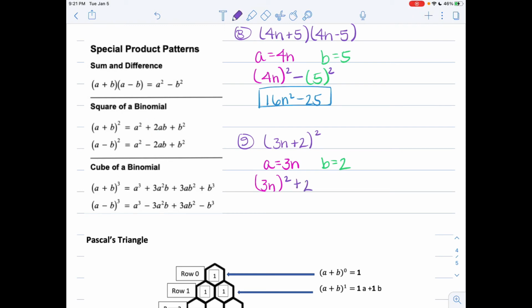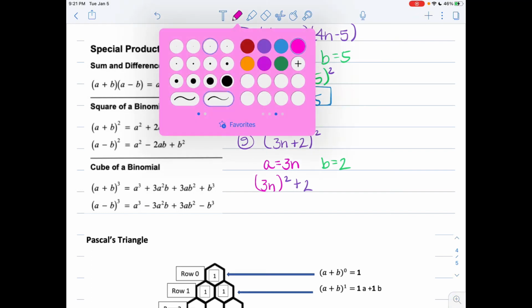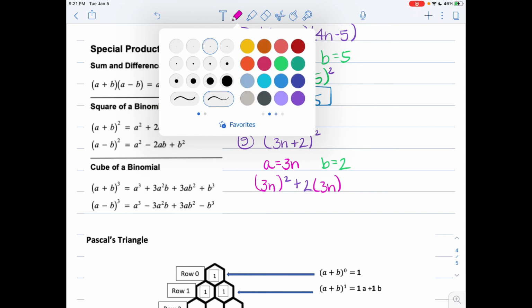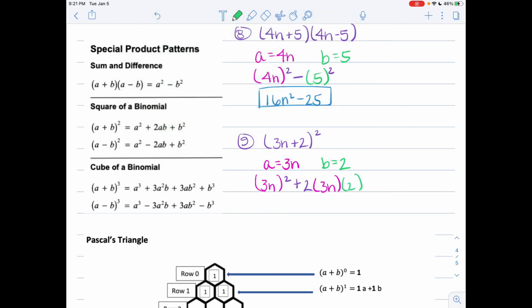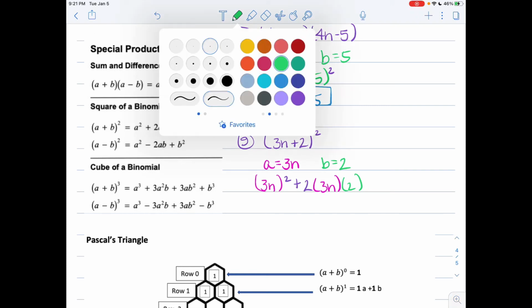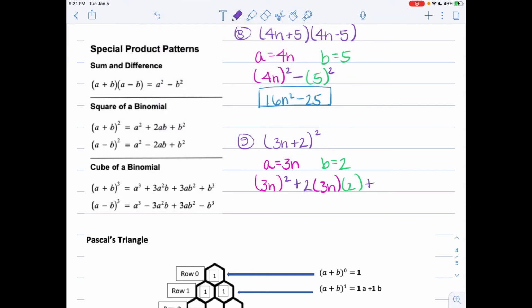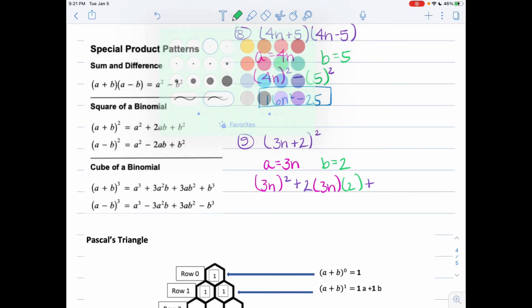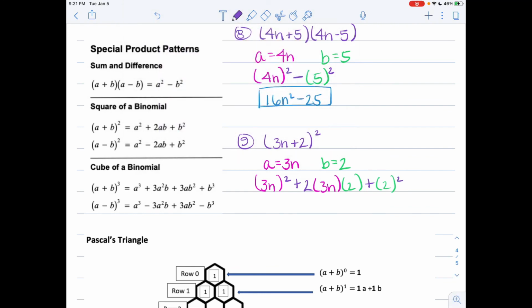And we're taking 2, multiplying it by the A term of 3n, and multiplying it by the B term of 2. And then finally, we have another plus sign that's built into the equation, and we want to put B squared. So our B term was 2, and we are squaring it as part of the format of this equation right here, B squared.